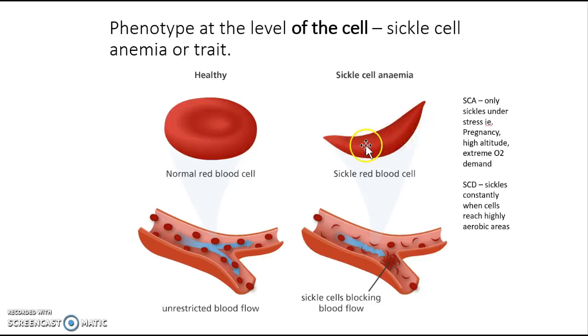And if you look at the blood, you'll see a mixture of sickled and unsickled cells. If you've got sickle cell disease, you only have the sickled cell. And this picture doesn't actually show that. It shows a mixture. So if you had sickle cell disease, they would always sickle when they were in aerobic areas and therefore clump throughout the body.